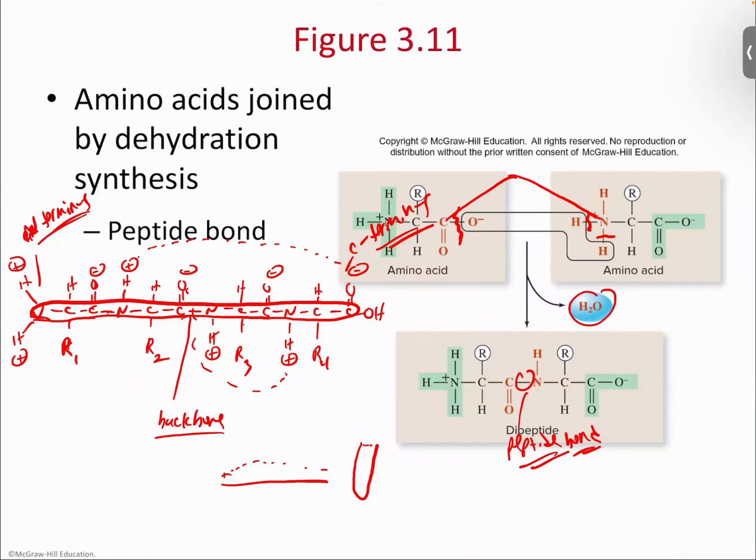Now this is happening with all the rest of them too. The more of those guys come in close proximity, they're going to want to form hydrogen bonds, which further distorts and folds the backbone into a folded up pattern.